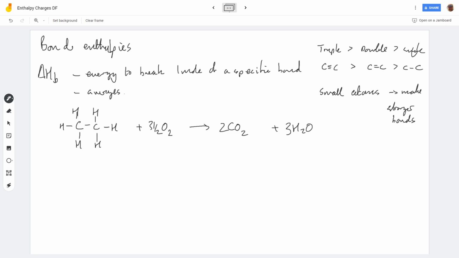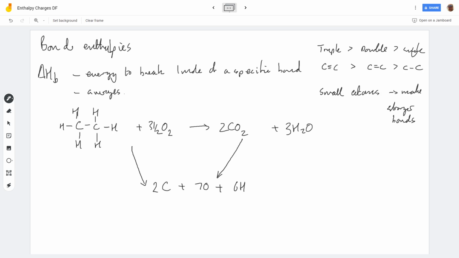So the way you can imagine this is that you break all the bonds and you turn it into individual carbon atoms, in this case 2, individual oxygen atoms, that would be 7 oxygen atoms, and individual hydrogen atoms, that would be 6 hydrogen atoms. And you do the same for the products as well.